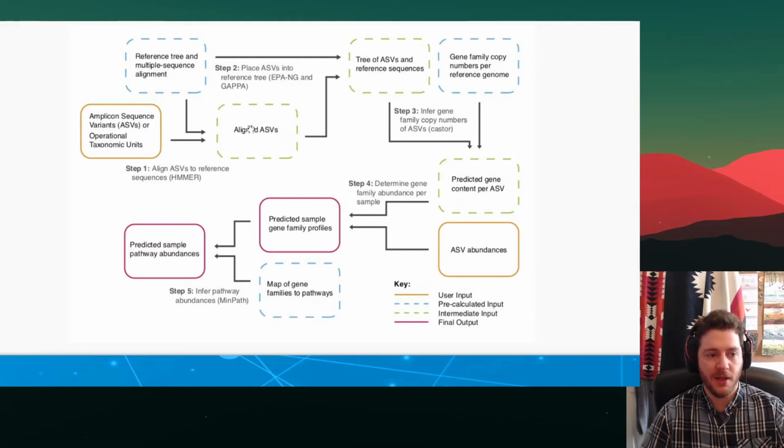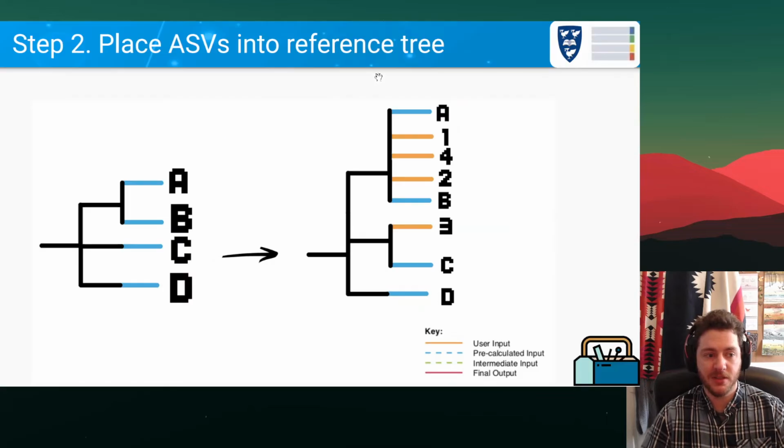So now we have our aligned ASVs. And with our aligned ASVs, we also have a reference tree. So as well as having the sequences of the references, we also already have them in a tree. And so with our aligned ASVs, we're going to place them into the reference tree to get a tree of ASVs and reference sequences. So let's say this is our initial reference tree that's already in the database.